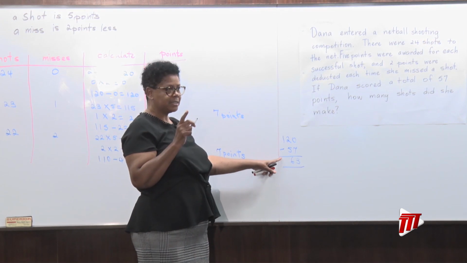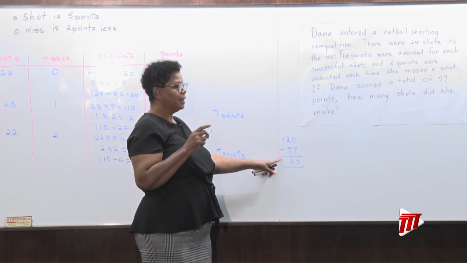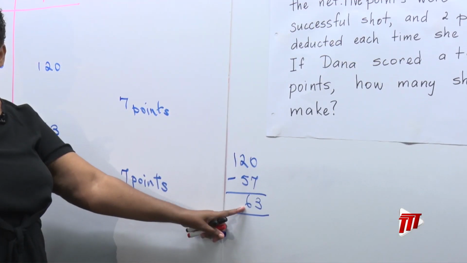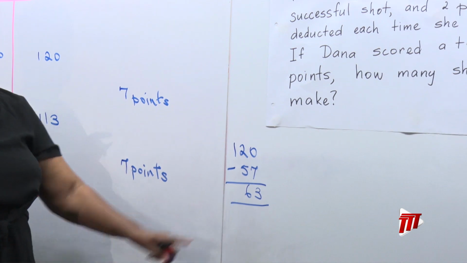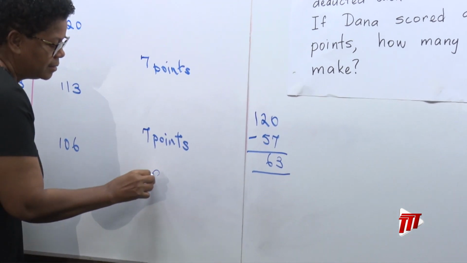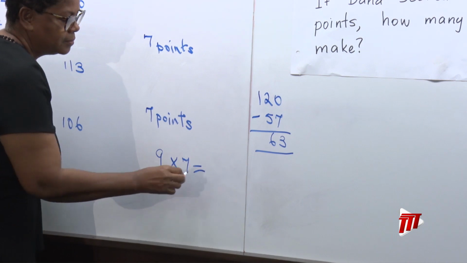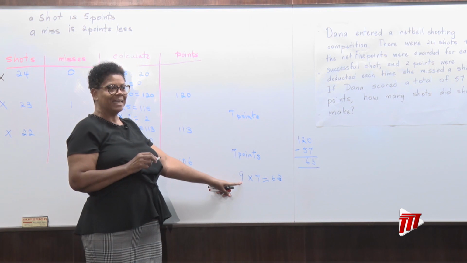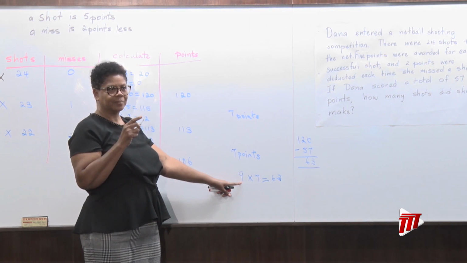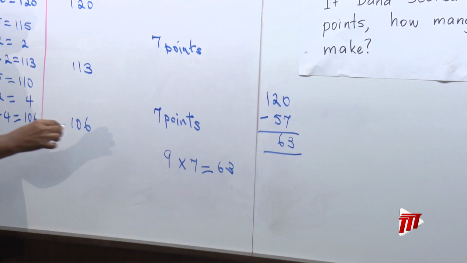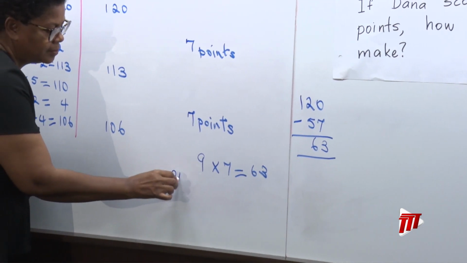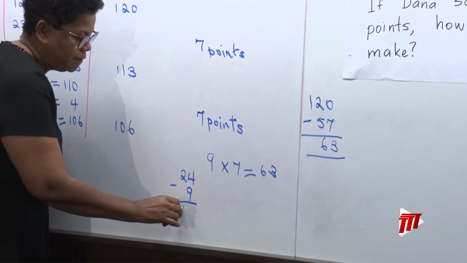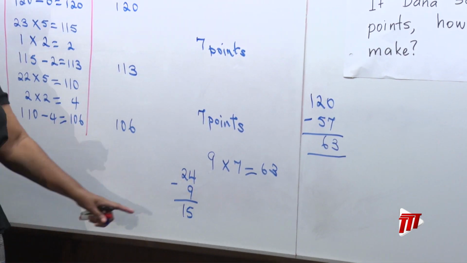And if she lost the 63 points, using simple multiplication facts, we know that 9 multiplied by 7 is 63. So it meant that she would have missed 9 shots. Out of the 24 shots, when I remove 9, it's going to give me 15. So she would have scored 15 shots.